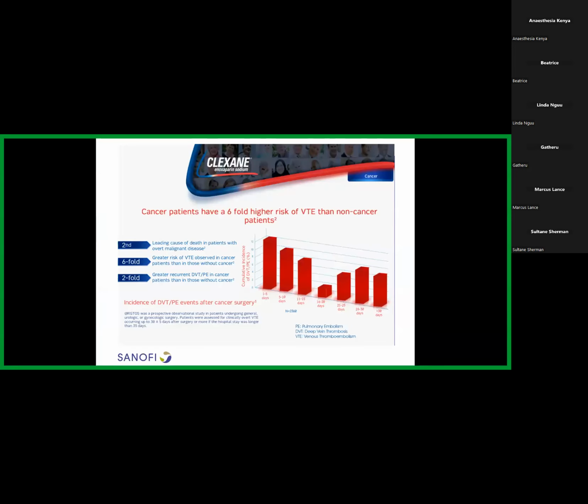So these are the indications where we recommend Clexane in surgical cases, when you're doing cancer surgery, as cancer patients have a higher risk of developing DVT, and this has been the second leading cause of death for patients with overt malignant disease. You can see that the risk usually goes low from day 16 to 20, but the risk is relatively increased all the way from day 30 and more.